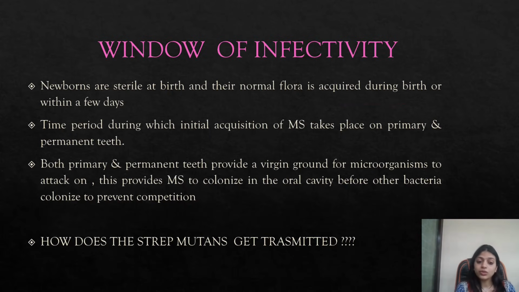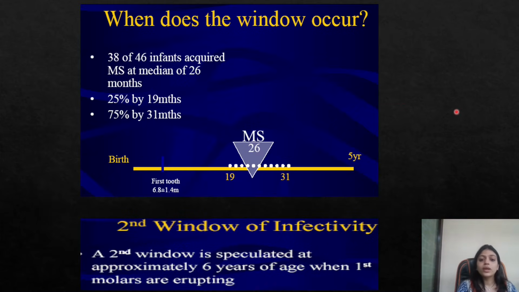So both primary and permanent teeth provide a virgin ground for the microorganisms to attack. This allows mutant streptococci to colonize in the oral cavity before other bacteria can colonize, to prevent any kind of competition.